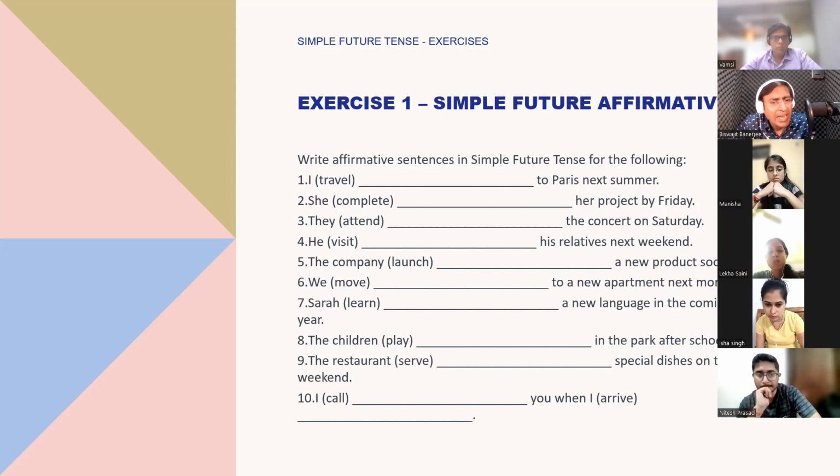So with I and we, you can use the word shall. Even with third person, you can use the word shall, but it is not used that much these days. It has fallen into some kind of disuse.